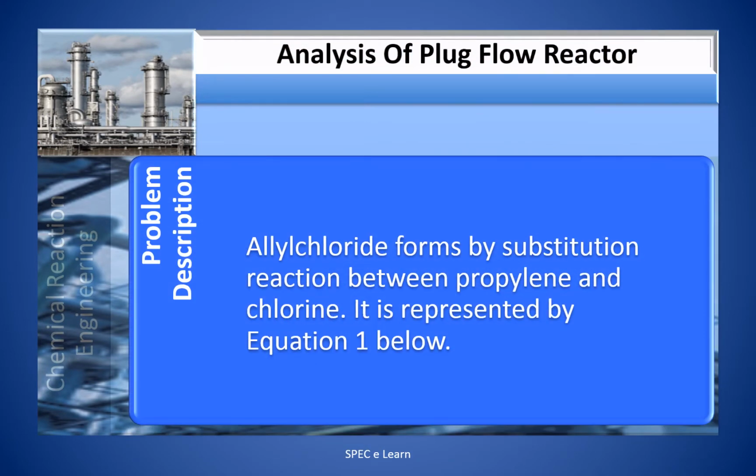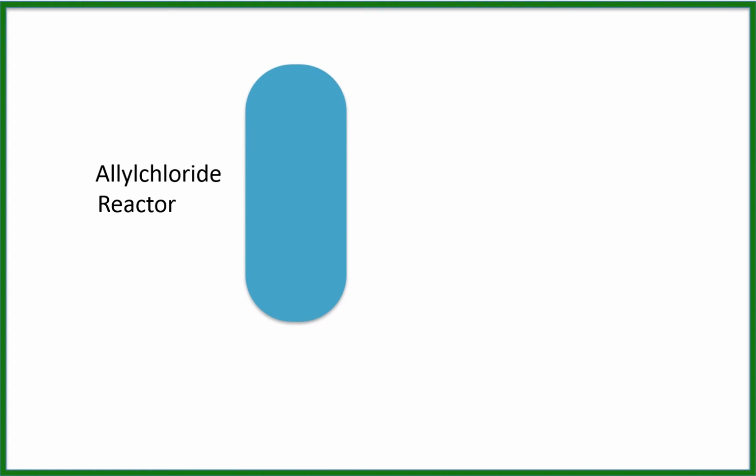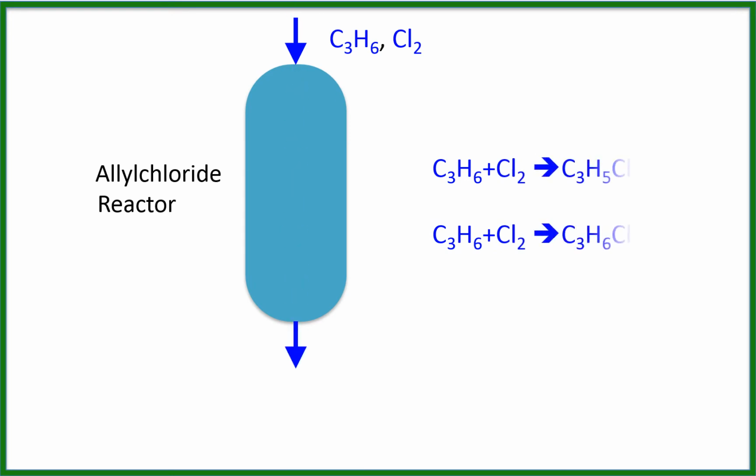Allyl chloride forms by substitution reaction between propylene and chlorine. It is represented by equation 1 below. This figure illustrates the allyl chloride plug flow reactor with feed streams and product streams.